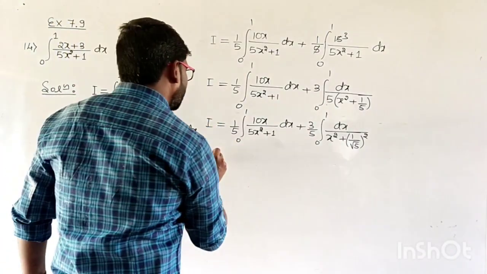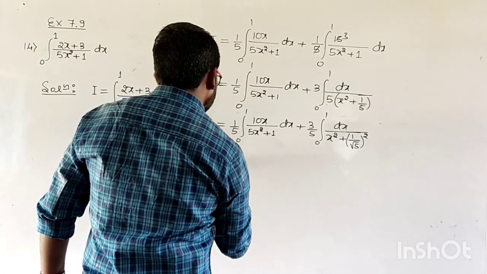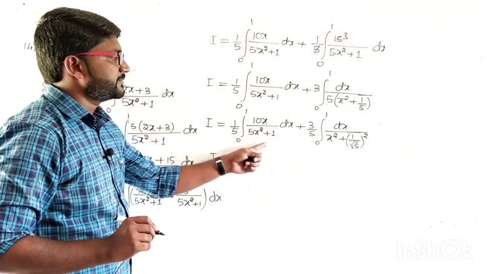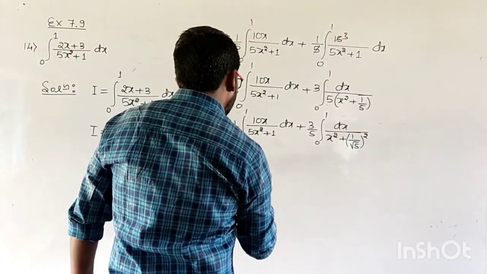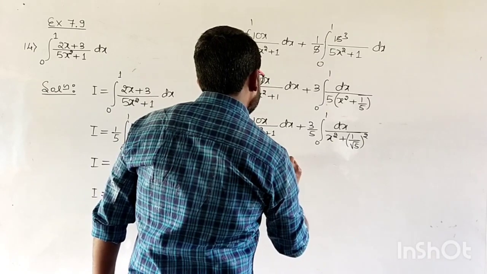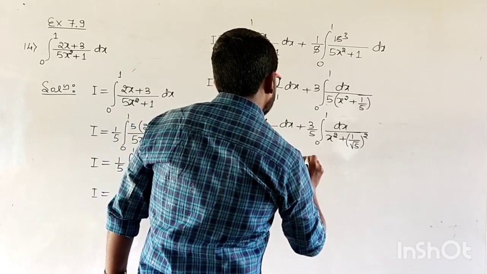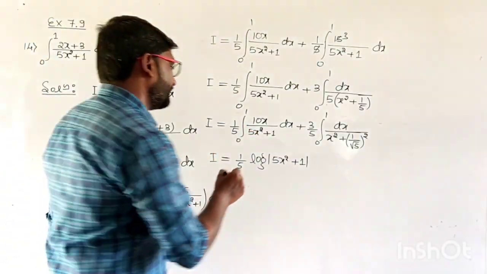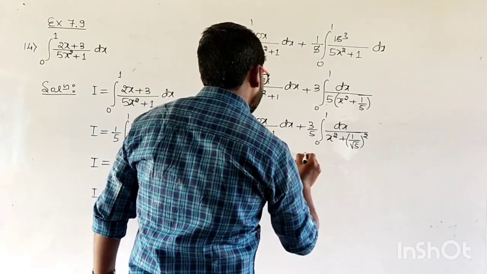Let us simplify this now. I is equals to 1 by 5, then f dash of x by f of x, that is log mod f of x, it is log of 5x square plus 1, and the limit is 0 to 1. So let us apply the limit here.